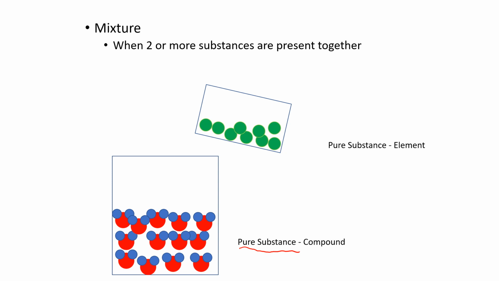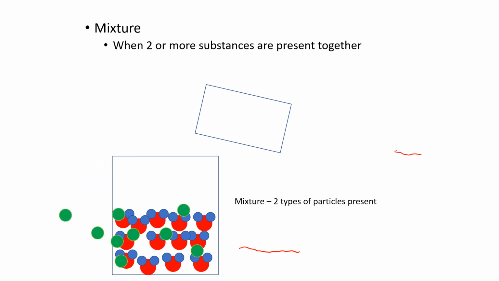Okay, so we have a pure substance, which is an element. We have another pure substance, but this one's a compound. And if we put these together, then that will turn into a mixture. A mixture is two types of particles that are present.